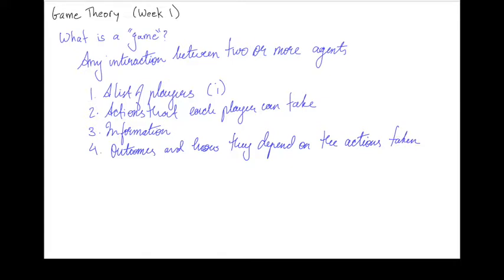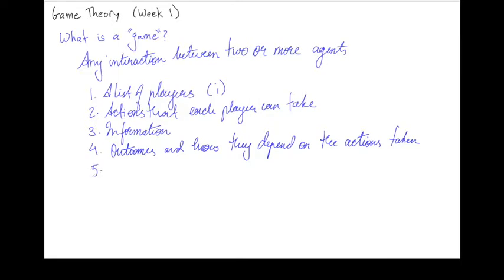So for example, again going back to the game of chess, based on the actions taken by the two players, the outcomes would be one of three things: white wins, black wins, or there's a draw. So we can map the chosen actions of the two players to one of those three outcomes.